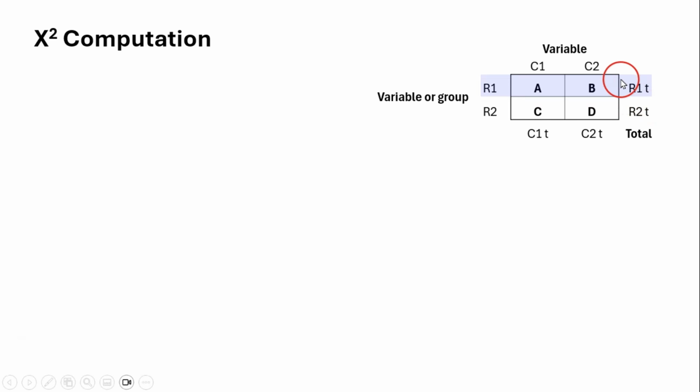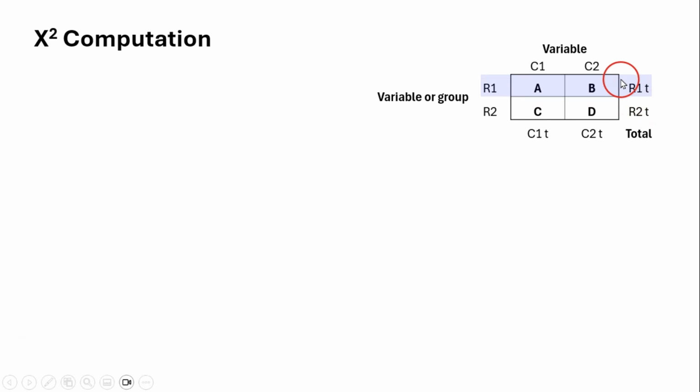And then oftentimes what you see down here in the lower right-hand corner is the total of all 4 cells, which is also equal to the total of the row 1 and row 2 totals, and the column 1, column 2 totals.